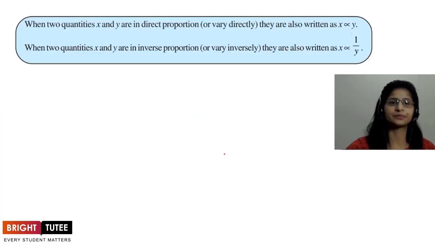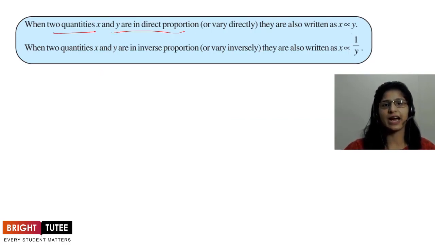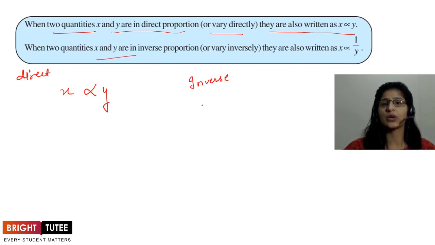Moving ahead. So here is something that you need to really take care of. When two quantities x and y are in direct proportion, or we say they vary directly, they are also written as x directly proportional to y, right? So this is a case of direct. And when two quantities are in inverse proportion, or we say they vary inversely, then they are also written as x inversely proportional to y.